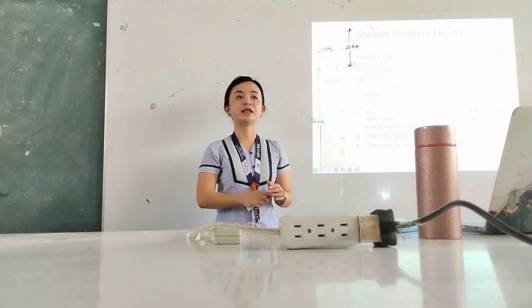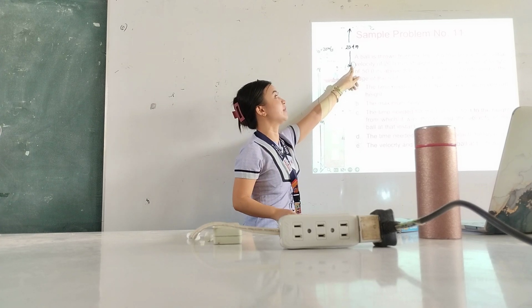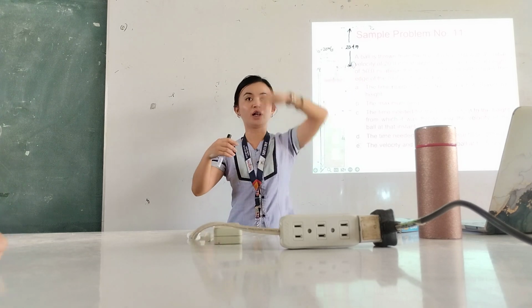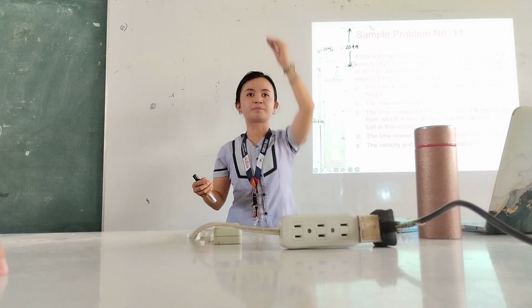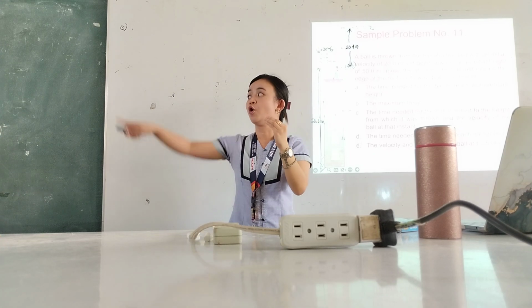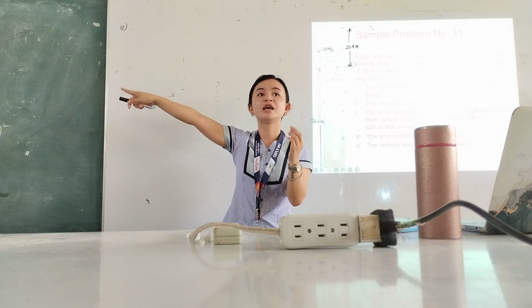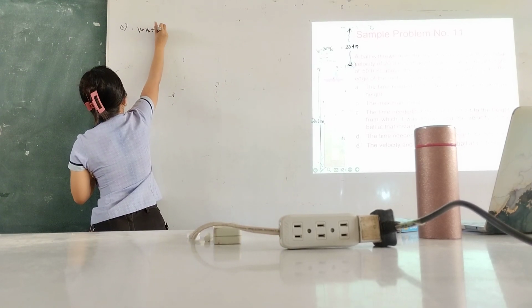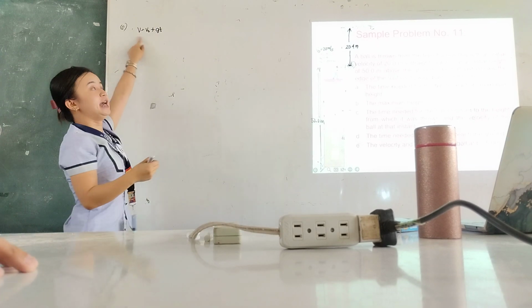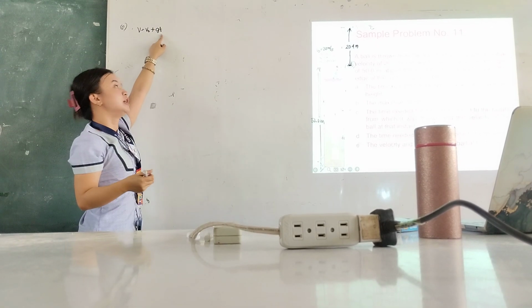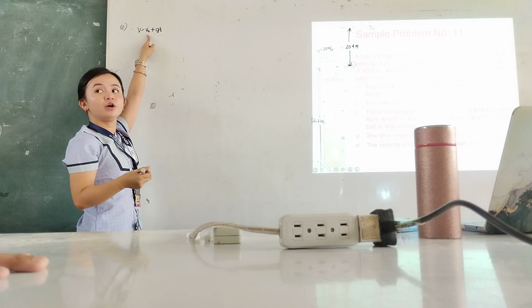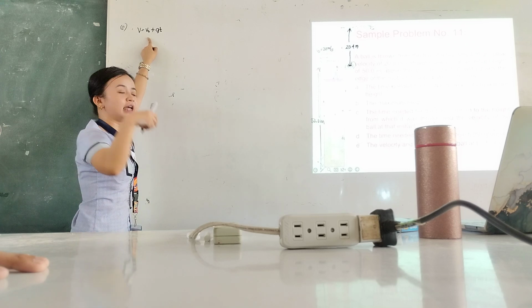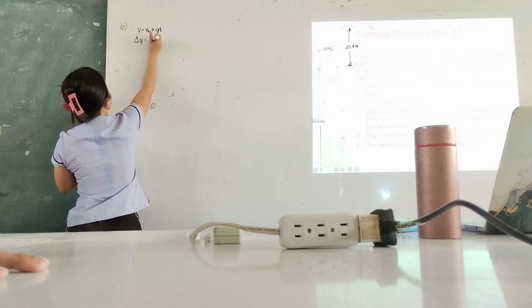The final velocity is unknown. Again, time unknown, g given, V0 given as 20, and the final velocity unknown. We can't use this one.